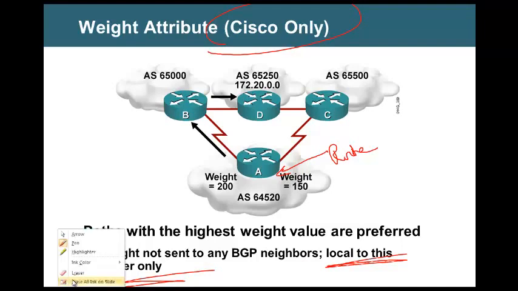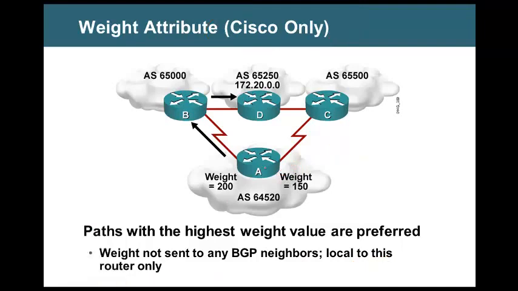For this router, I want to go like this, not for the entire AS. For this router to decide how to reach this network, I want to take this path, not the other one. Then I give higher weight here.